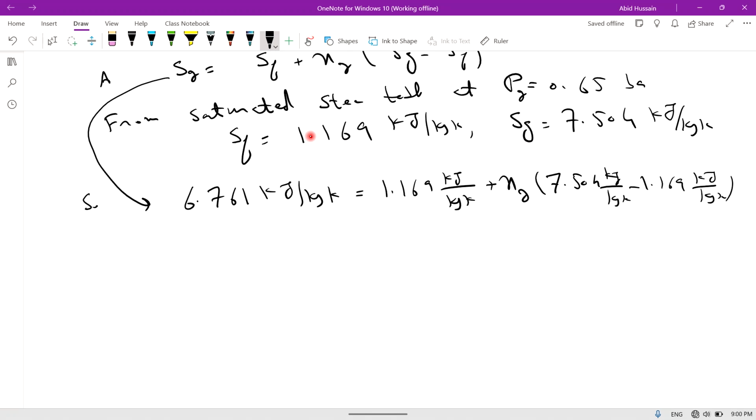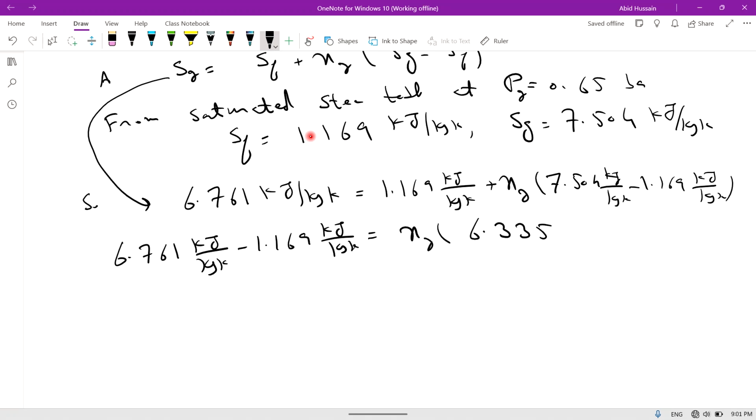Now 6.761 minus 1.169 is equal to X2 times (7.504 minus 1.169), and 7.504 minus 1.169 is equal to 6.335 kilojoule per kilogram per Kelvin.